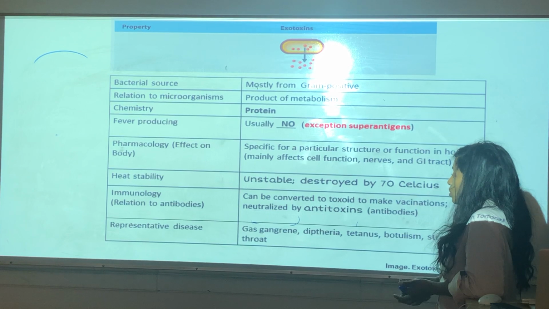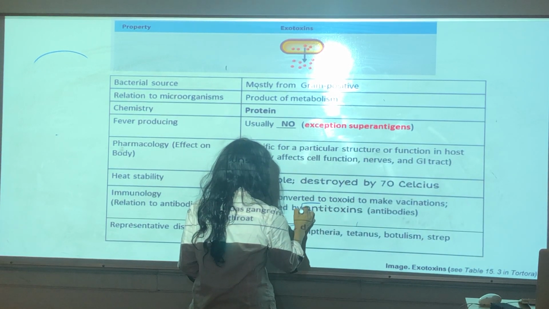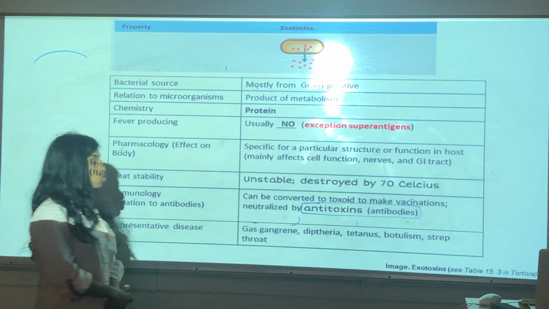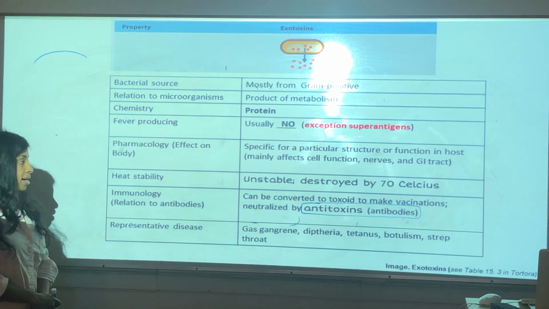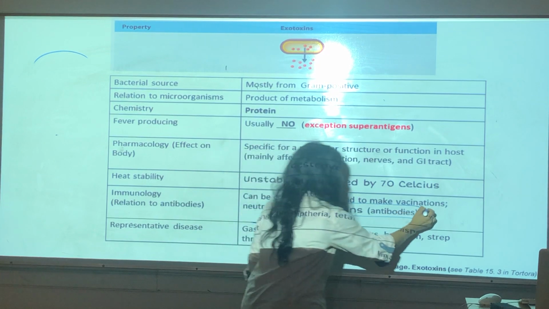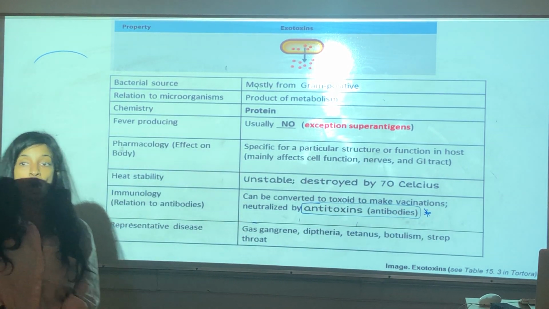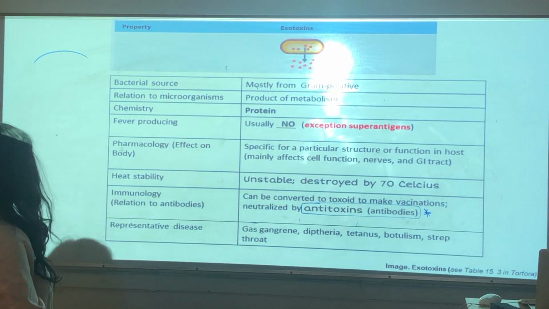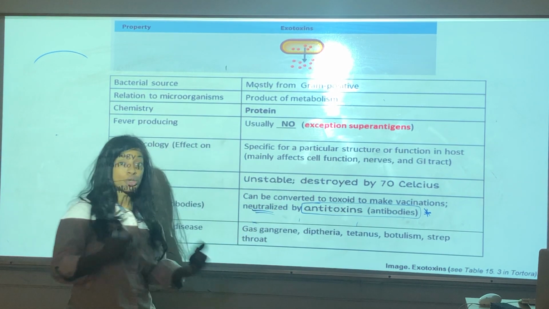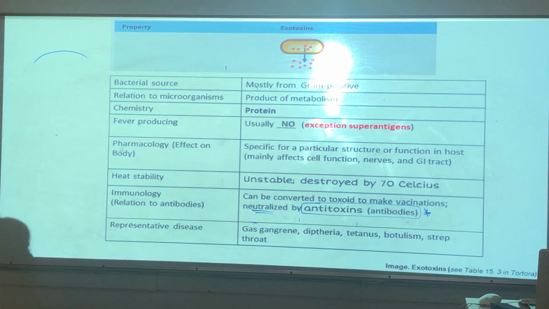And as far as immunology, they are neutralized by an antitoxin. So what do we mean by antitoxin? This is an antibody, naturally made by you, the host. It is going to block and neutralize the effect of the toxin, reducing its effect in the host so that it doesn't do as much damage.